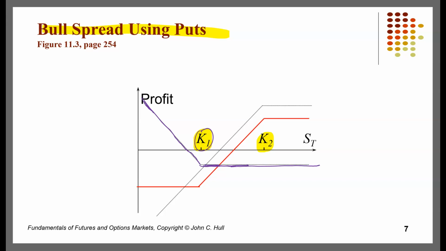Because the long put is profitable when the value of the underlying is low, so that's why we are profitable here, and we are flat when the value of the underlying increases. We're essentially protecting our position in long stock, and we talked about that, a protective put strategy. So that's going to be the first profit structure. That's going to be that long put.